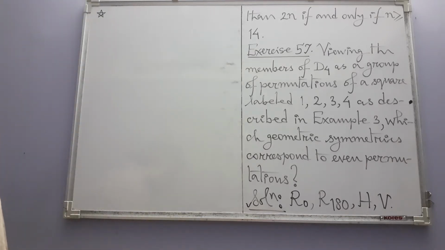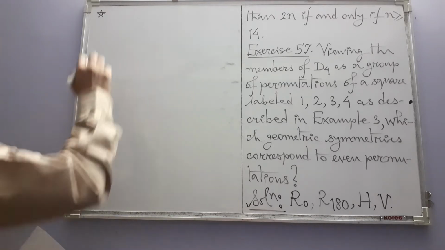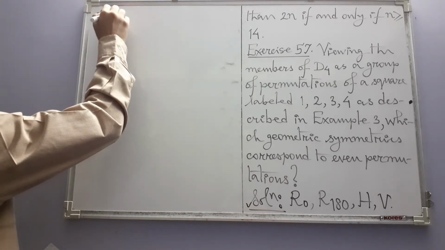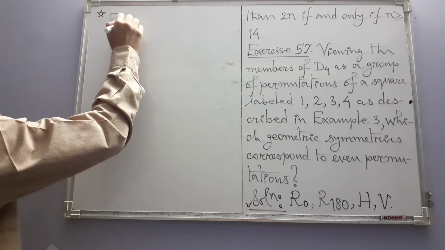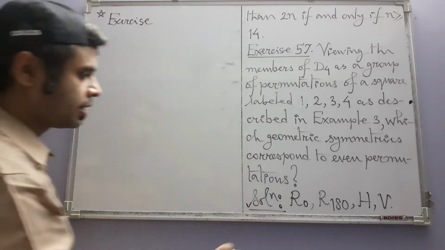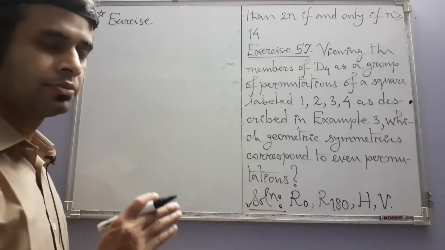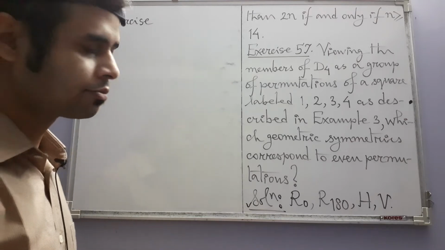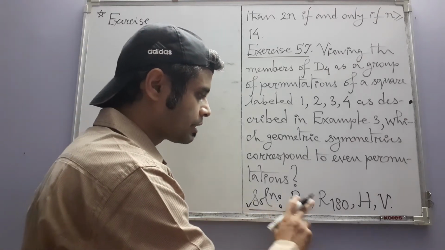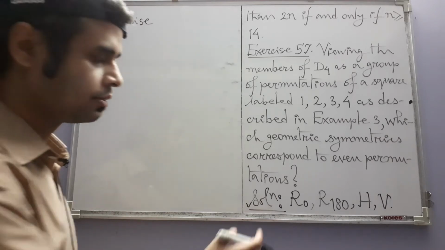And then this next one, note one more thing, that merely saying that these are the transformations that correspond to even permutations is not enough, because this does not say why there are not more than these four.